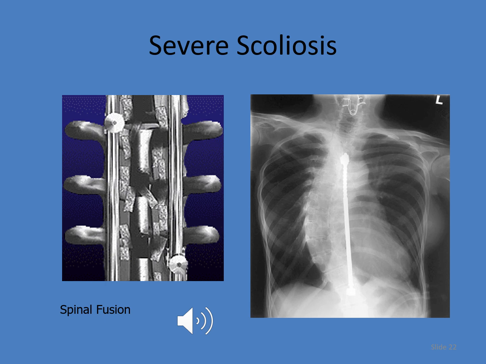So halo traction can be used, and oftentimes with the halo traction, they do have pin sites to provide that traction. So there are pins placed in the distal femurs or even the iliac crest, and then they can do halo traction until they feel like optimal spinal correction is achieved.